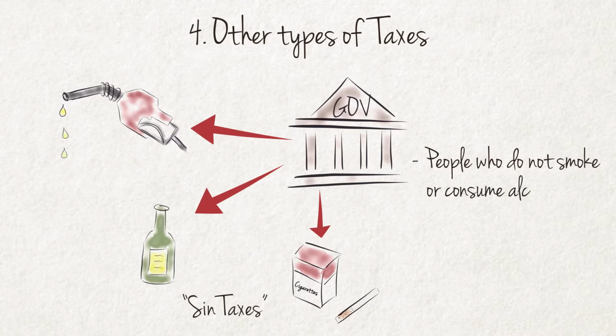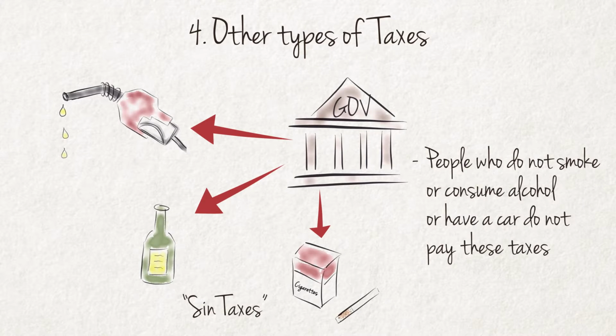People who do not smoke will not pay excise duty on tobacco. Likewise, people who do not consume alcohol will not pay excise duty on liquor. However, it should be clear that whether you are rich or poor, it is inevitable that at some stage you will pay some type of tax.